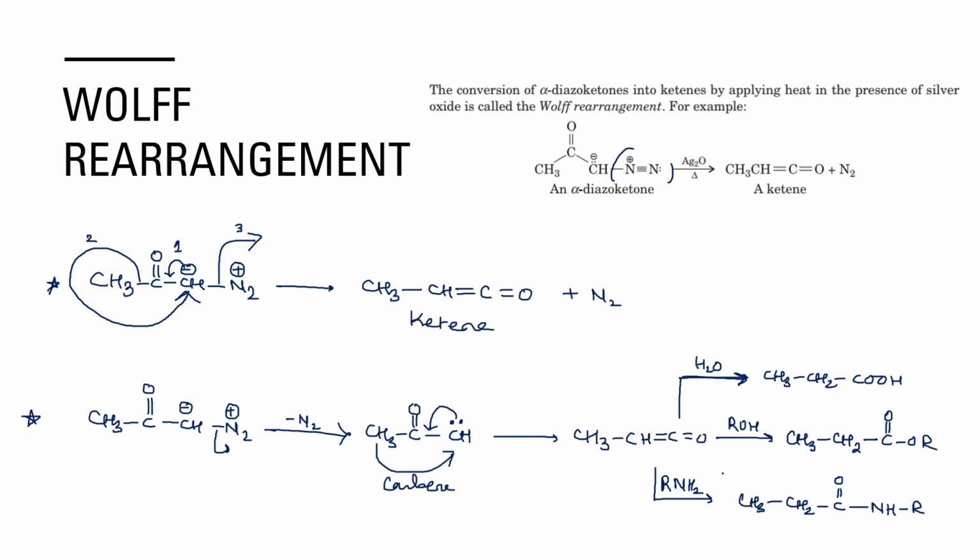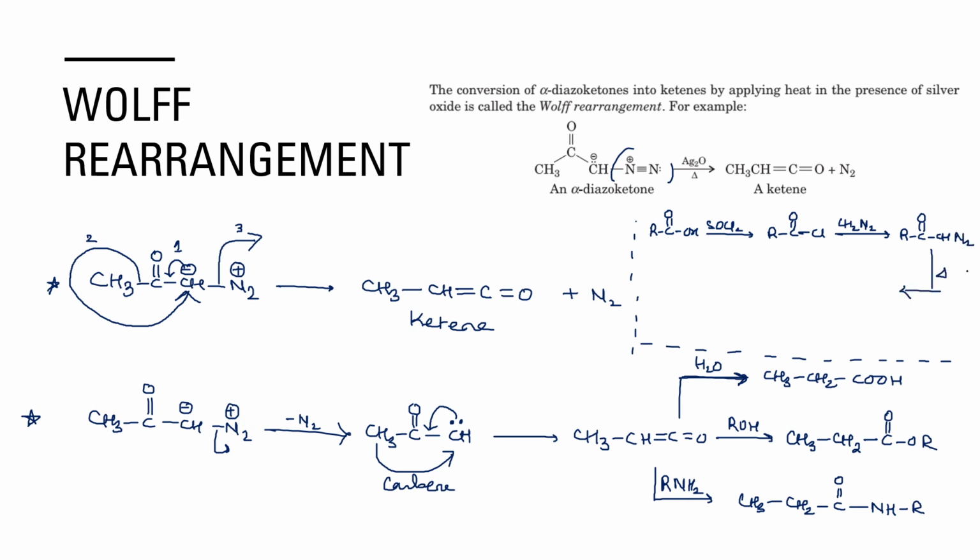What is Arndt-Eistert synthesis? I will write it here. Arndt-Eistert synthesis is a very simple thing. You take RC double bond OH, you treat it with SOCl2, you will get RC double bond OCl, then it is being treated with CH2N2, and you get RC double bond OCHN2, and you heat this in presence of silver oxide and you get RCH double bond C double bond O. This step is the step of the Wolff rearrangement, and then it is being treated with H2O to get RCH2C double bond OH.